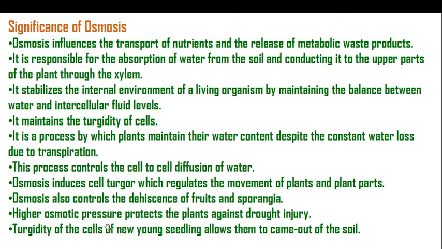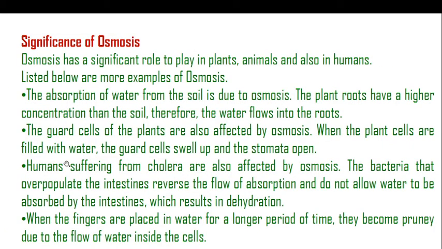That is nothing but osmotic pressure exerted on a cell wall. Then there are many more significances we know, but another most important significance of osmosis in living creatures is that osmosis has a significant role in plants, animals, and also in humans.